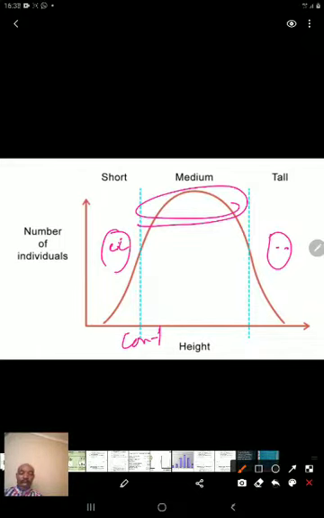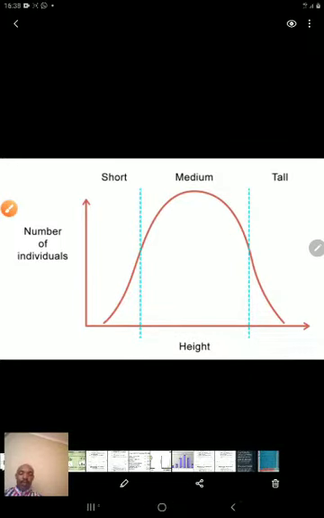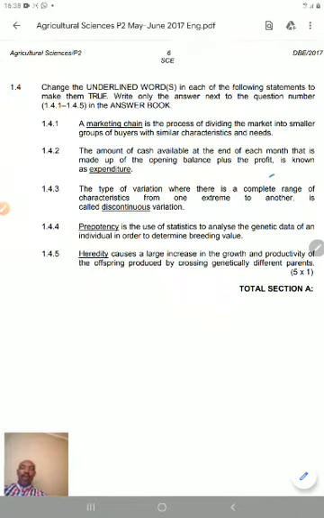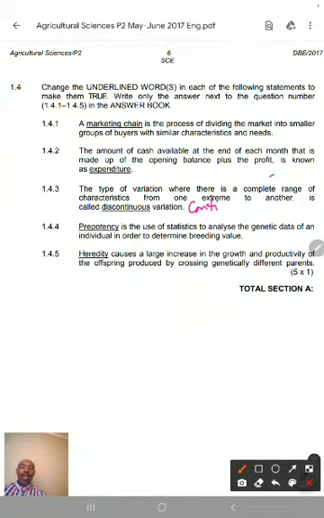Okay. All right, so let's move back to the question. So we're saying the answer here is continuous because there's a complete range from one extreme, very short to very tall, very light to very dark, and so on.